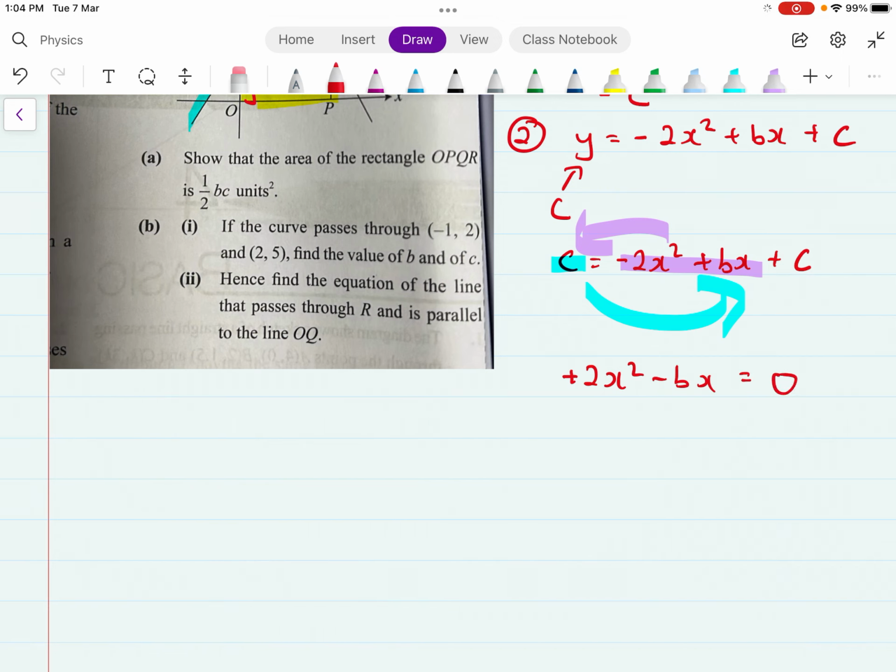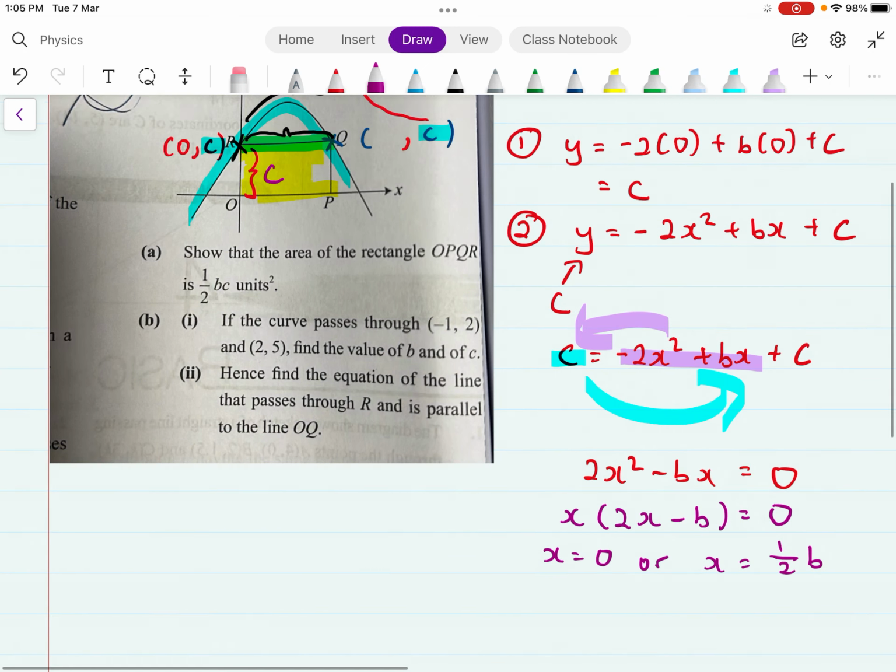So you can see, right, I want to solve for x. I simply factorize x, x times 2x minus b, put a bracket, equal to 0. So my x is equal to 0, or my x is equal to half b.